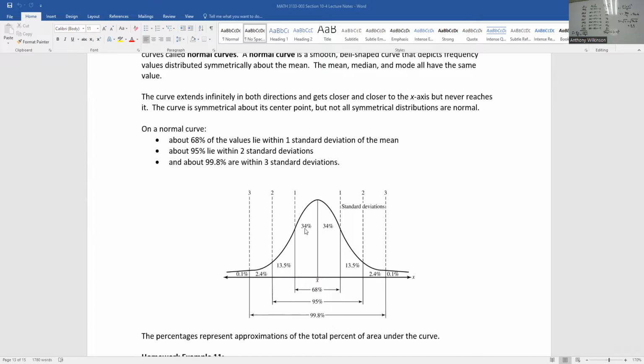Add these numbers together, and you'll see that it's going to be 99.8%. And the 0.1% on the left and the 0.1% on the right, when you add those together, that makes up 100%. So in this case, the area under the curve altogether represents 100%.